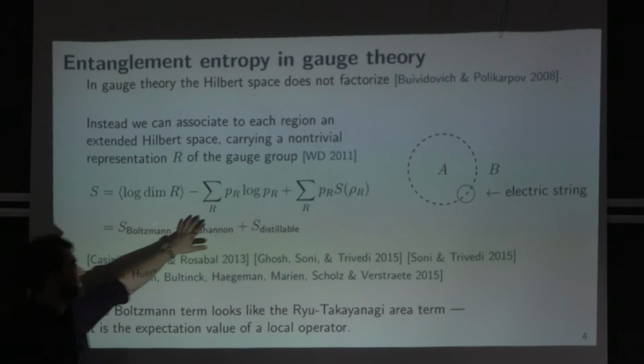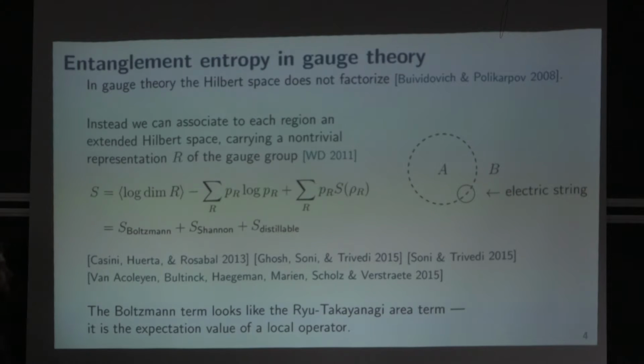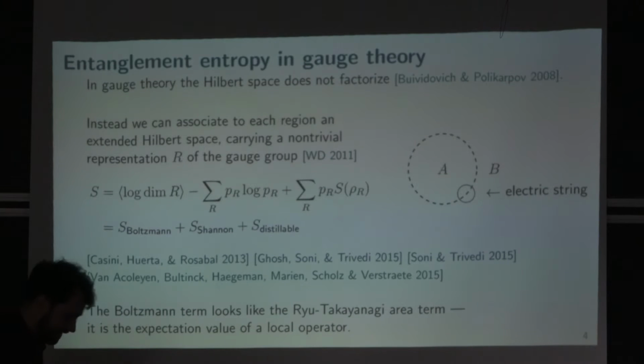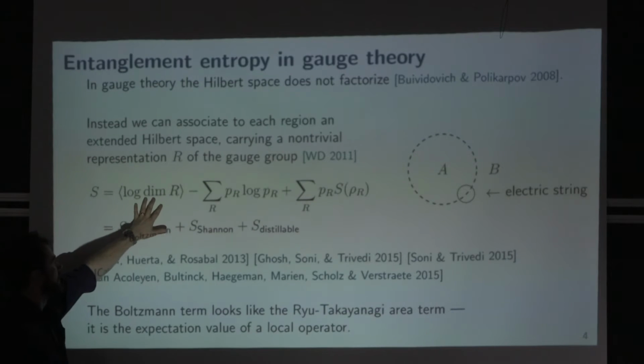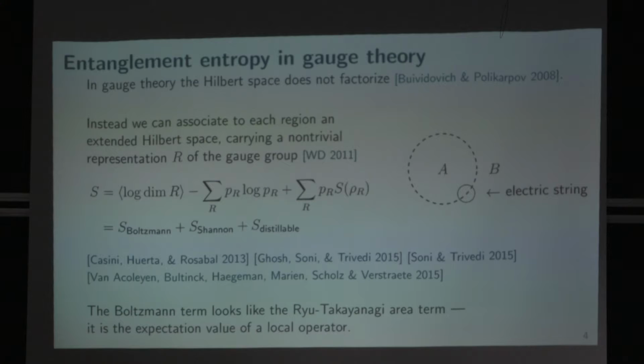And there's some classical Shannon entropy associated with that. That's this term in the middle. And then finally, if you have higher dimensional representations, when you cut the Wilson loop into Wilson lines, there are some additional degrees of freedom living at the endpoints. And those are in a maximally entangled state. And you wind up with the expectation value of this local operator.